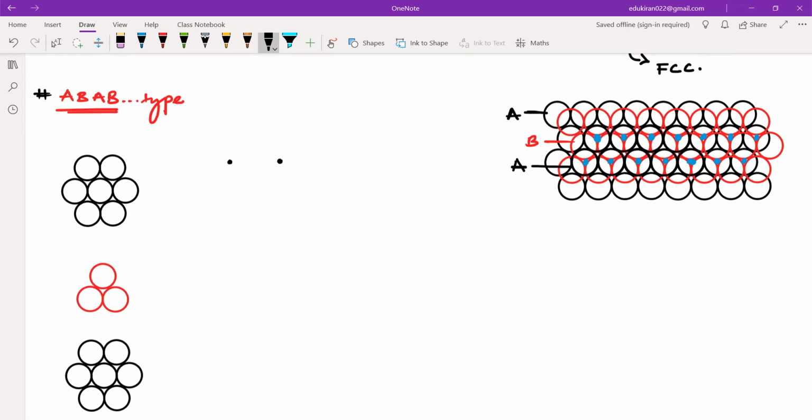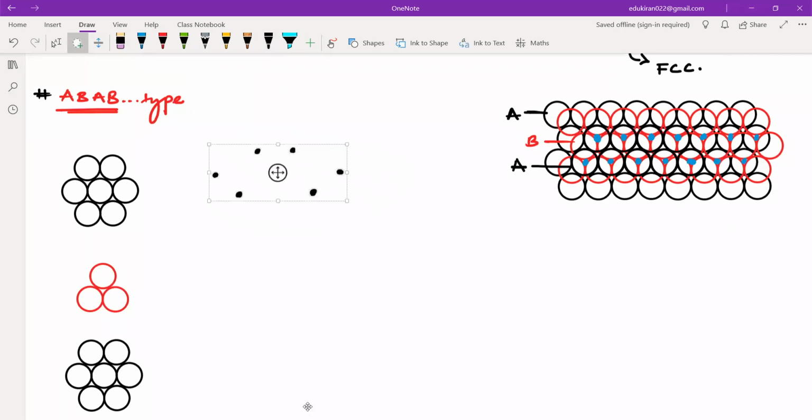1, 2, 3. Okay, I will have to make it in such a way that you can view the 3D diagram now. So I will make this a bit small. This will be far away. This will also be far away. Okay, fine.